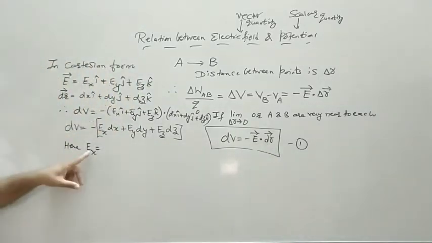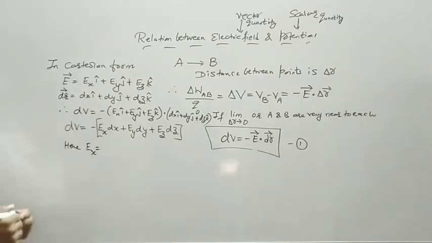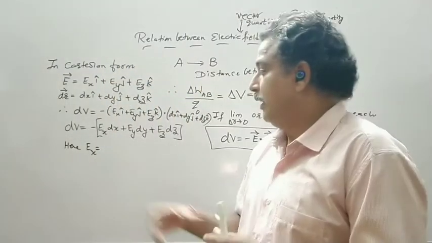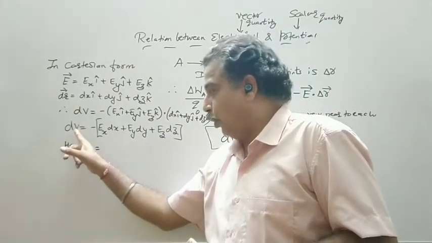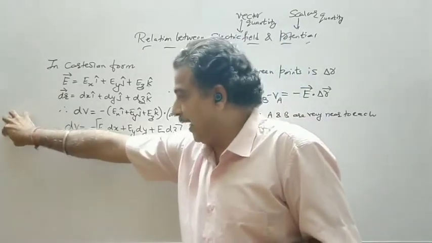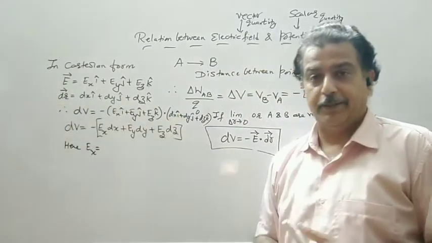Now here, instead of writing Ex is equal to dV by dx, because if we have 3 components here, if you remember our standard 11th vector chapter, if I have the 3 components of potential here, then I will compare i component with i, j with j, k with k.